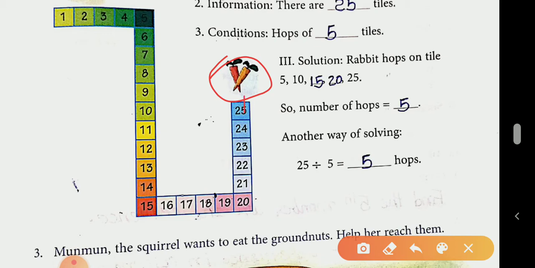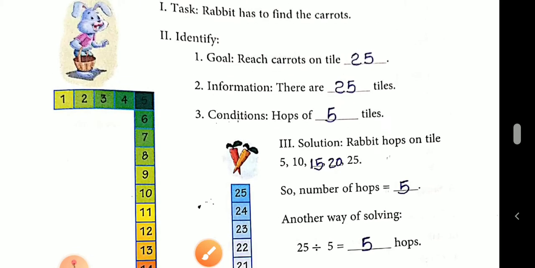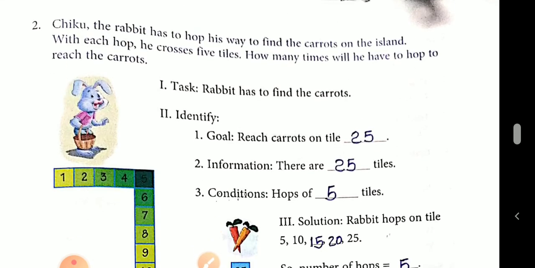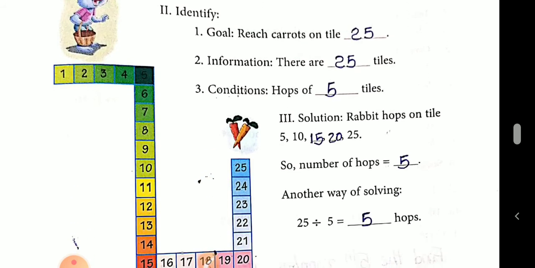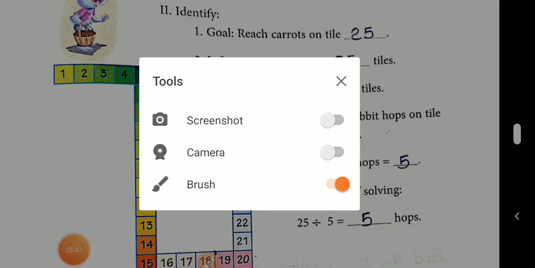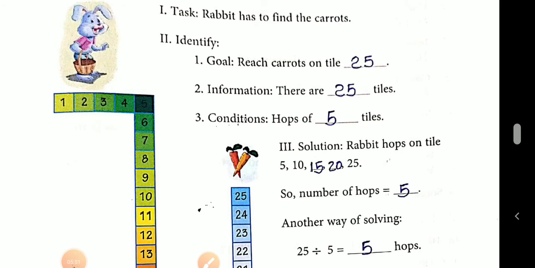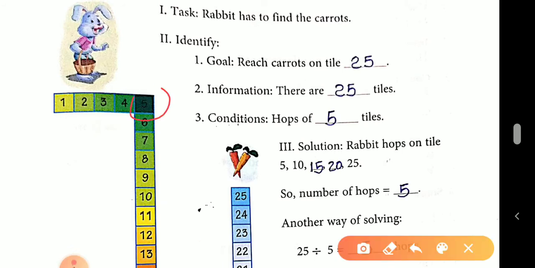So here your condition is that he hops over the tiles. Chiku hops 5 tiles. How many tiles does he hop? 5. Chiku hops 5 tiles here.